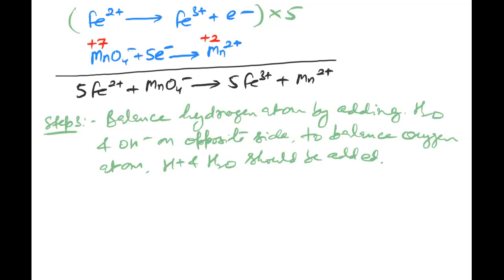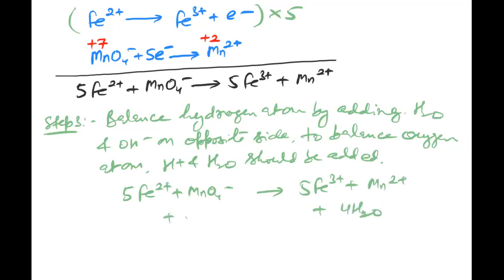So in balancing the reaction, once it is converting to 5 Fe3+ and Mn2+, you have to add 4 H2O on this side, and you have to add 8 H plus on this side, corresponding to this oxygen atom.